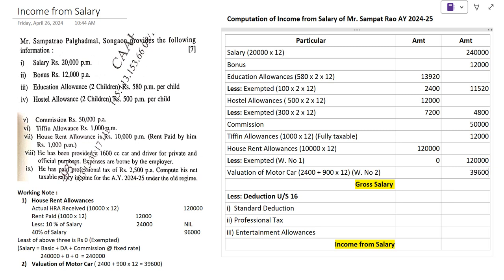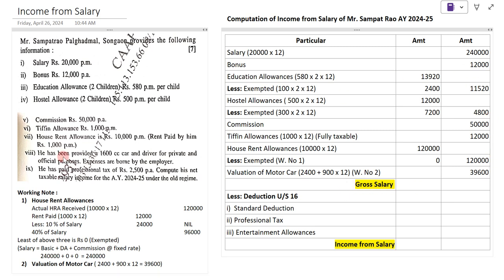So in working note number 2, 2,400 is the car maintenance to be given by the employer to the employee per month, and 900 rupees is because the driver is also provided. So the salary of the driver is 900 rupees, multiplied by 12 for the total.